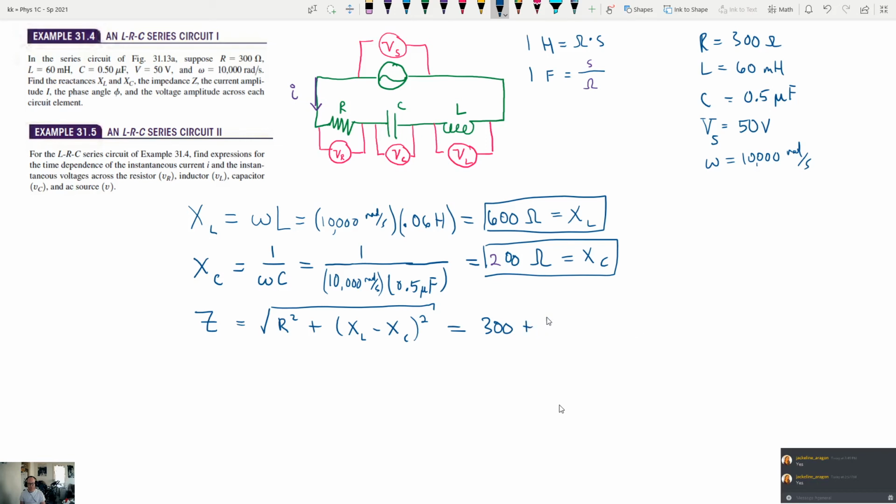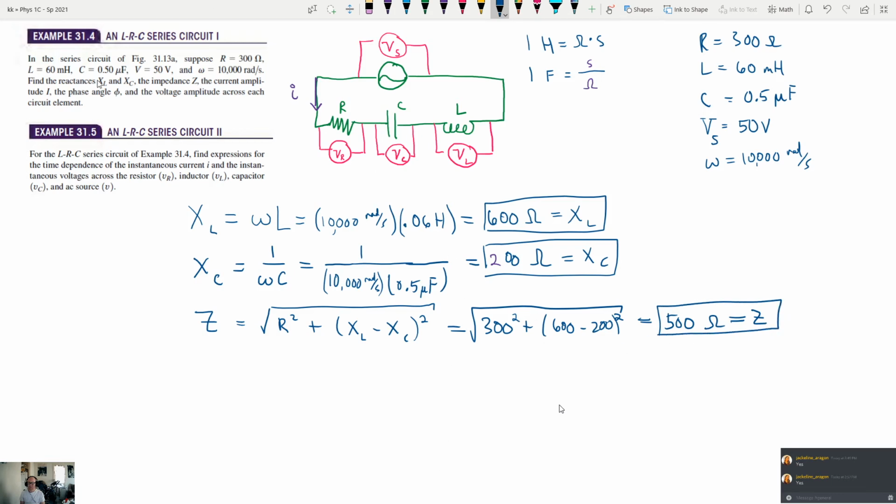So it's 300 squared plus 600 minus 200, and we square root that whole thing, and these are squared. Pretty sure this is going to be 500. True. Because it's 300 squared and then 600 minus 200 is 400, so 300 and 400. 3, 4, 5 triangle, basically. Okay, so there's our impedance Z.